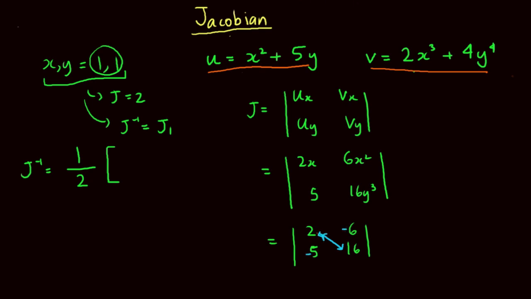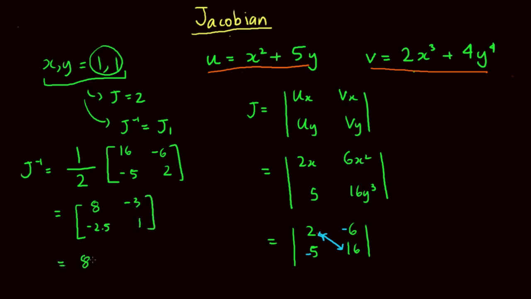So it would be 16, -5, -6, and 2. Therefore we would end up having 8, -2.5, -3, and 1.